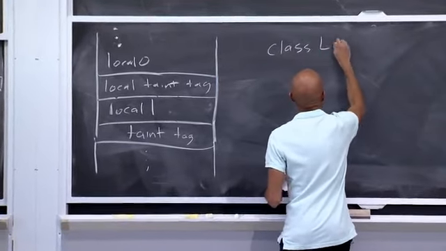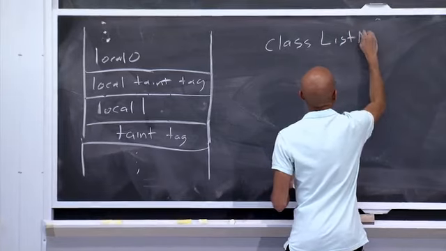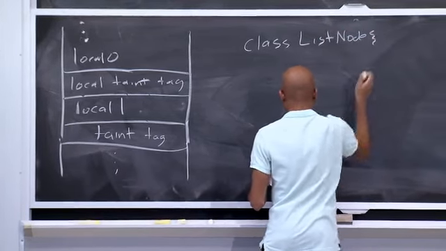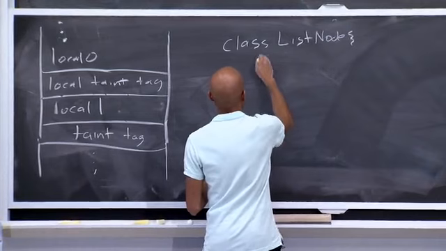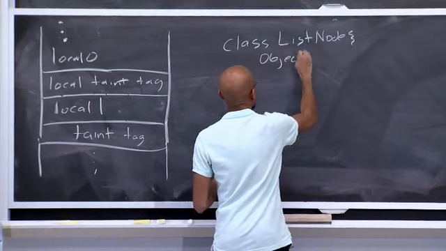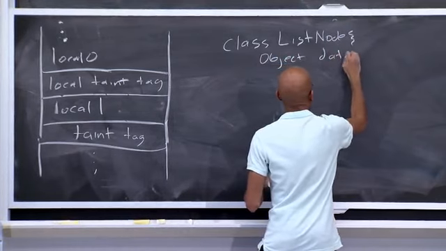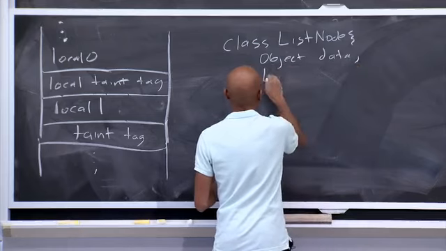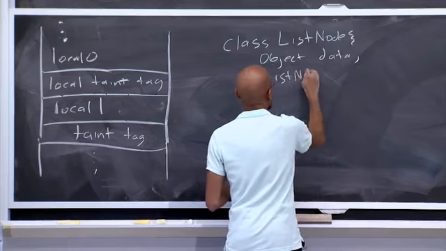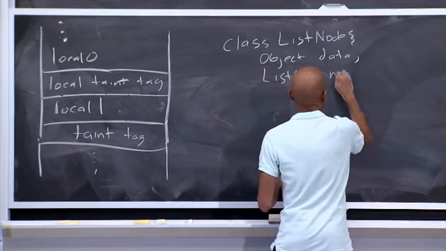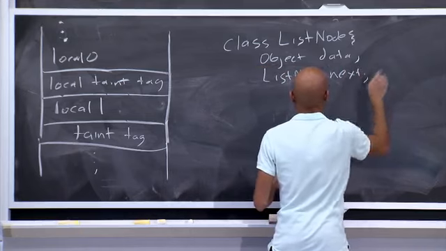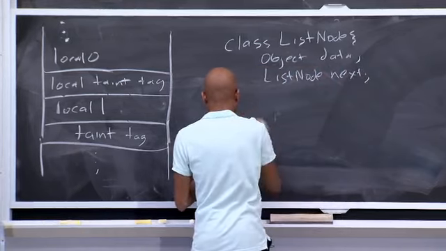It's going to define some simple class up here called list node. Maybe it's going to have an object field for data, and then it will have a list node object, which represents the next thing in the linked list.